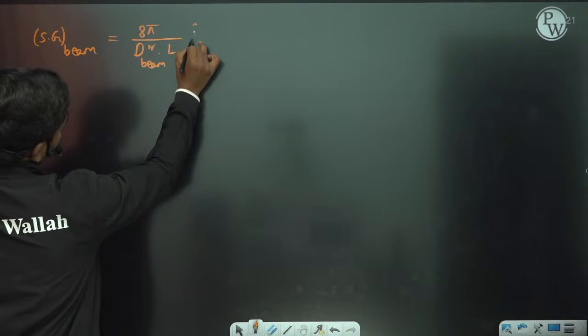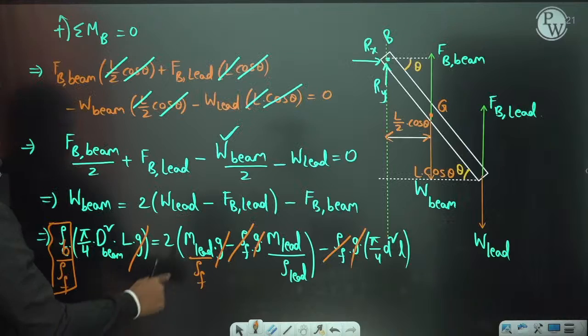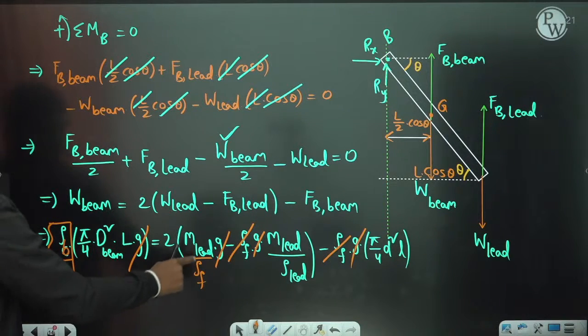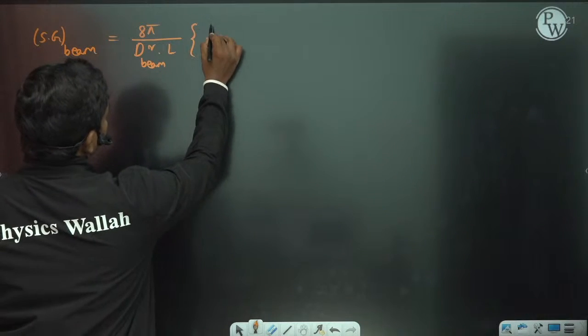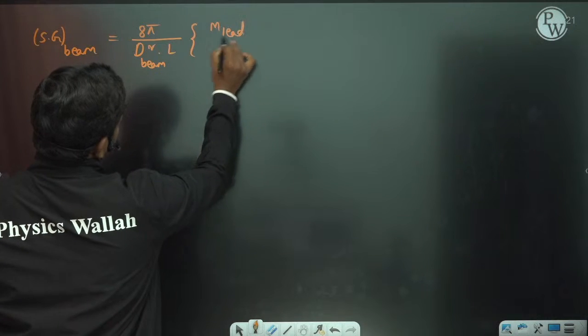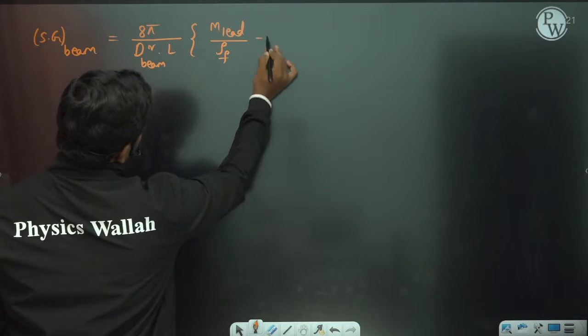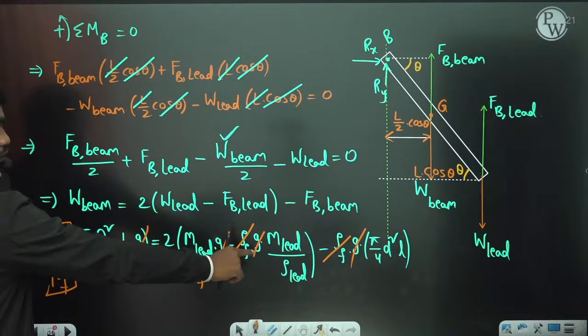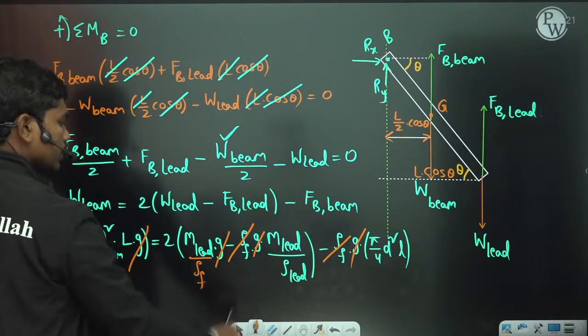multiplied with mass of lead by density of fluid minus mass of lead by density of lead.